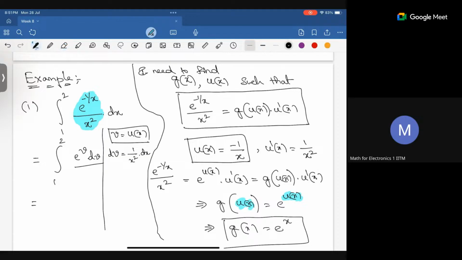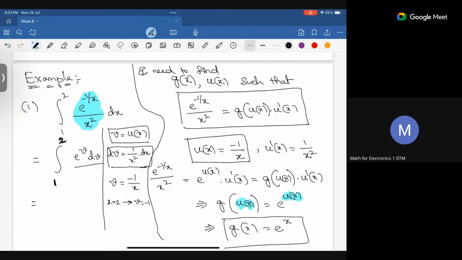Along with this dv computation, these are x limits, 2 and 1, and we know v is minus 1 by x. So when x is 1, its corresponding limit of v will be minus 1 by 1, which is minus 1.